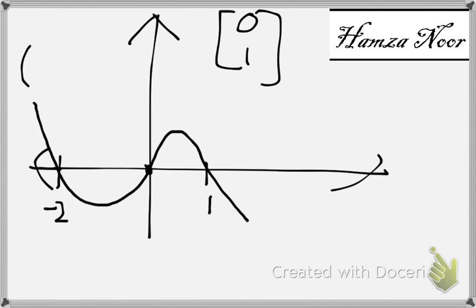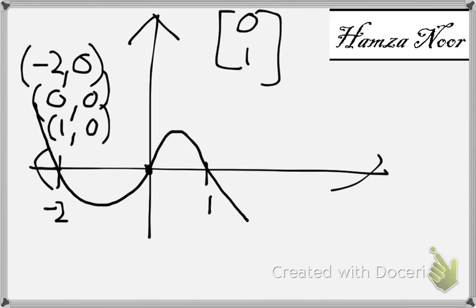one is (-2, 0), one is (0, 0), and the third coordinate is (1, 0). There will be a change only in the y coordinates because it is a vertical translation. The x coordinates will remain the same.